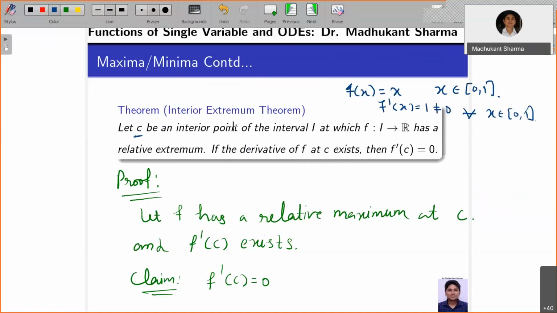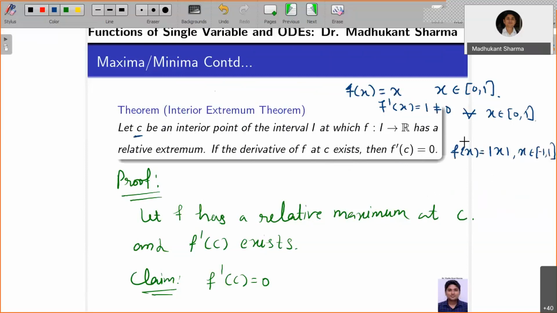So this theorem still remains true because we are talking about an interior point of the interval at which f has a relative extremum. If the derivative of f at C exists, there may be a chance that the derivative may not exist. For example, f of x equals mod x for x belongs to -1 to 1.